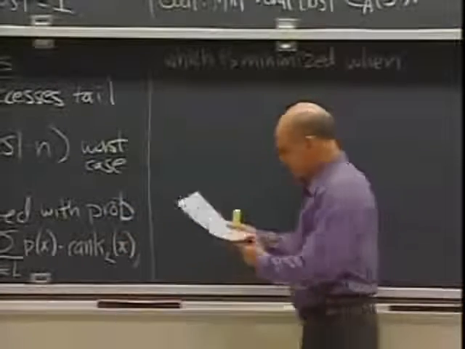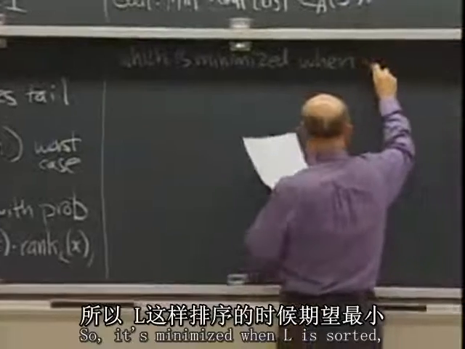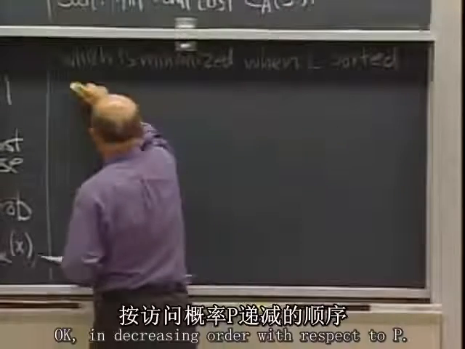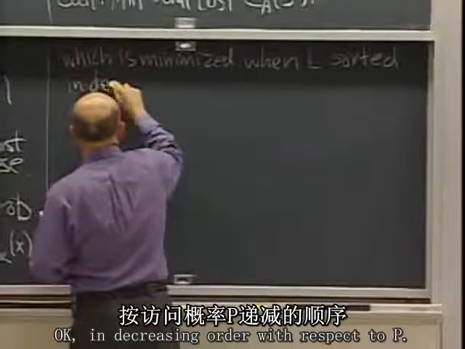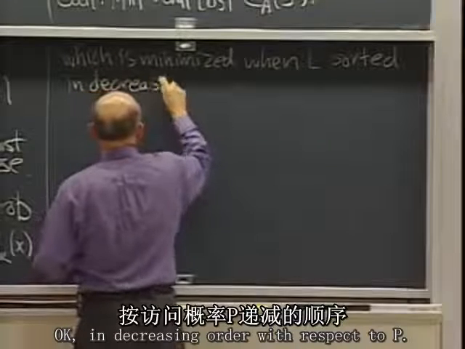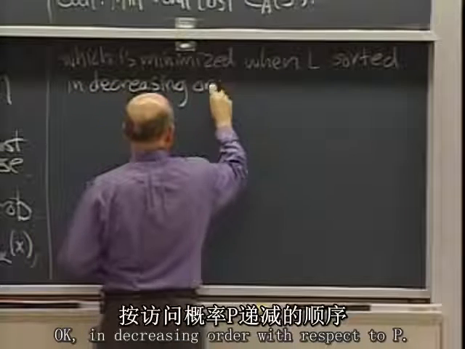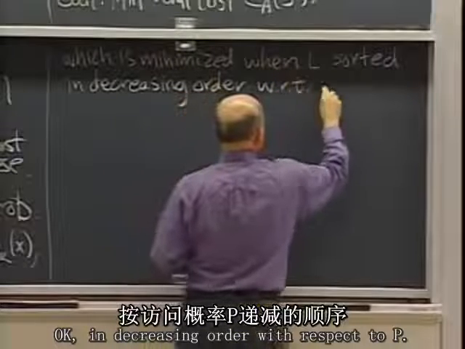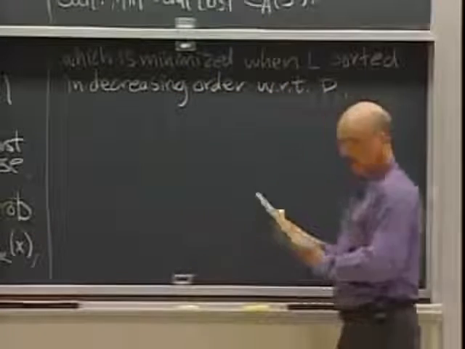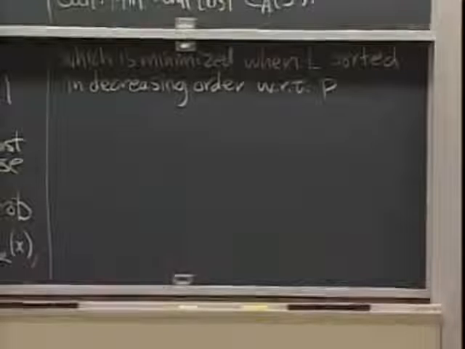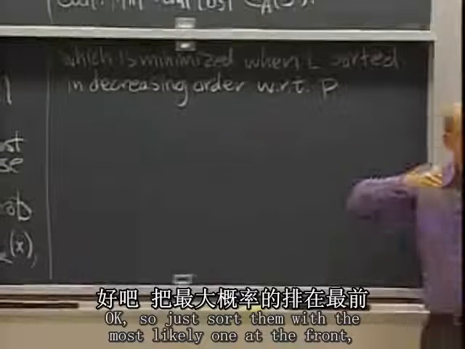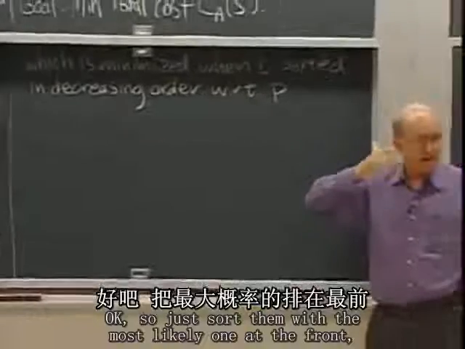So it's minimized when L is sorted in decreasing order with respect to P. We'll just sort them with the most likely one at the front and then decreasing probability.